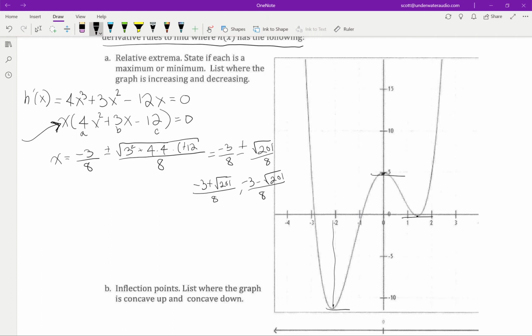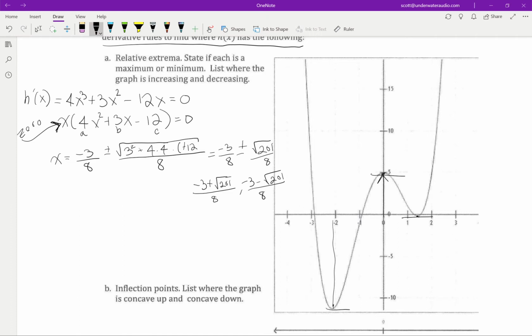And so then I also know that there's another one happening at 0, which I found earlier, my 0 over here. And then there's another one that's happening at a positive place. That would be -3 plus the square root of 201 divided by 8. So that's over there. So I think I can label that.